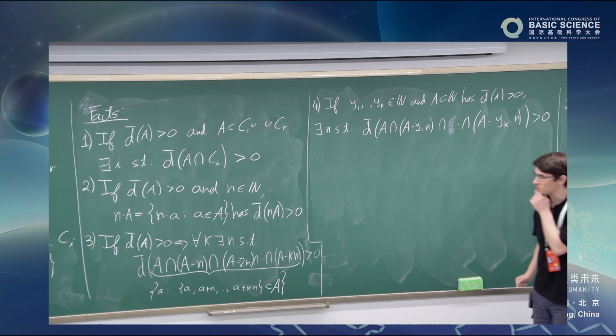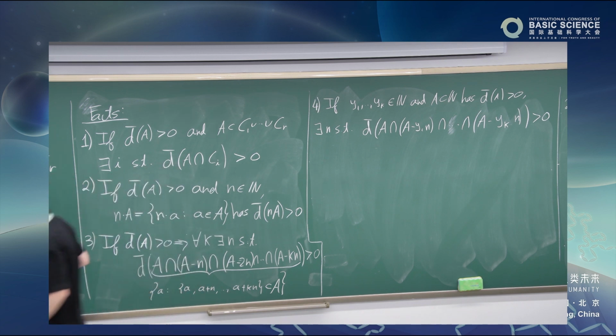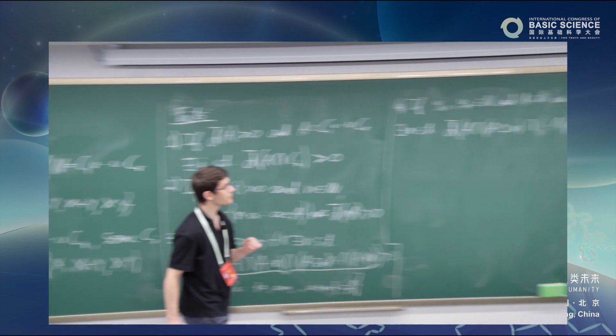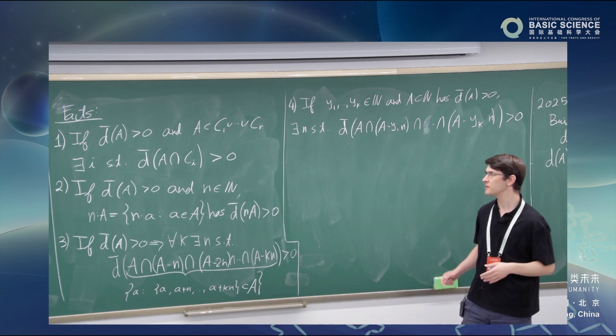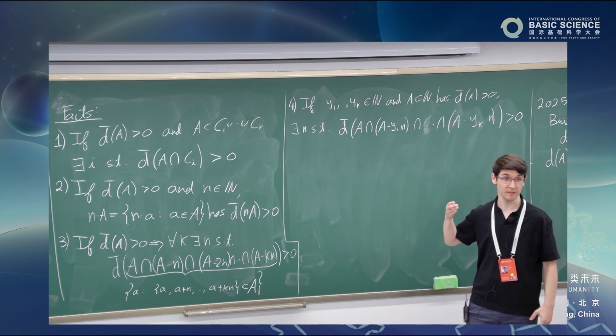Okay, so I will just use these facts 1, 2, and 3 to prove the theorem. I already said my mindset when approaching these problems is through ergodic theory and dynamical systems.